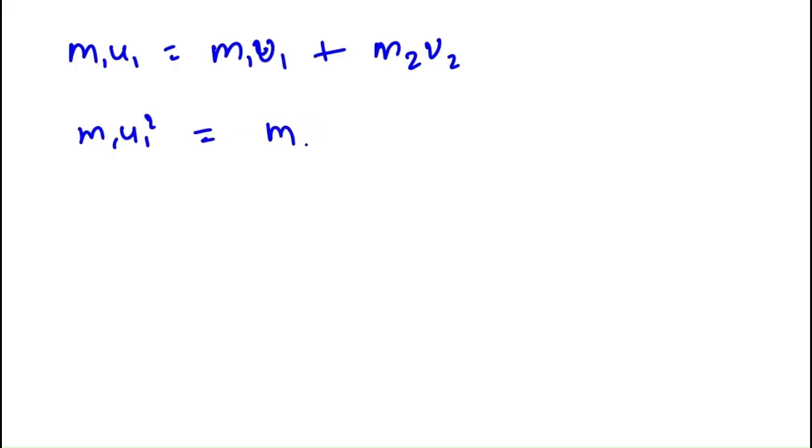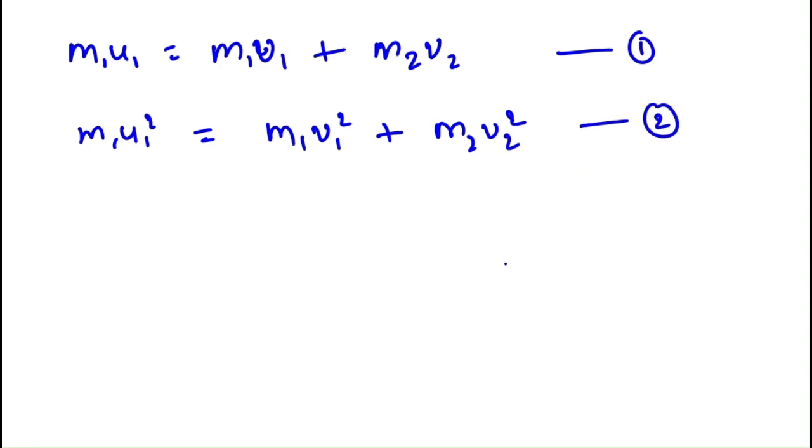So here we will have M1 V1 square plus M2 V2 square. So this is equation 1 and this is equation 2. We have two equations and two variables, which means two unknowns, V1 and V2. That is the final velocity of body 1 and the final velocity of body 2.